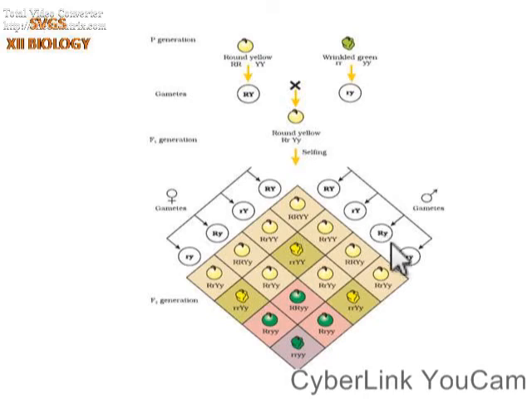Here we will cross multiply all the possible gametes. Here is the gamete production, and in this angle we will cross multiply the gametes. Here we have the different probabilities, the combinations of genes. Here we have all dominant genes, that is round yellow.